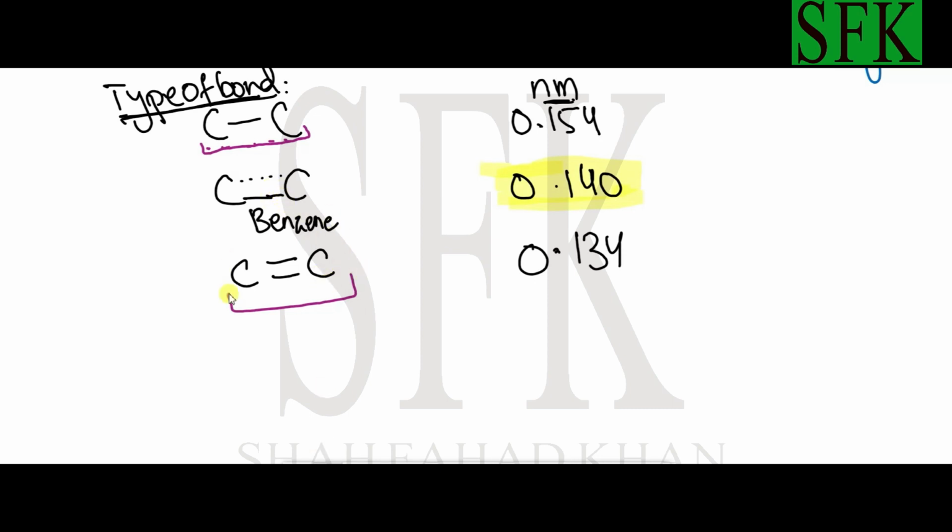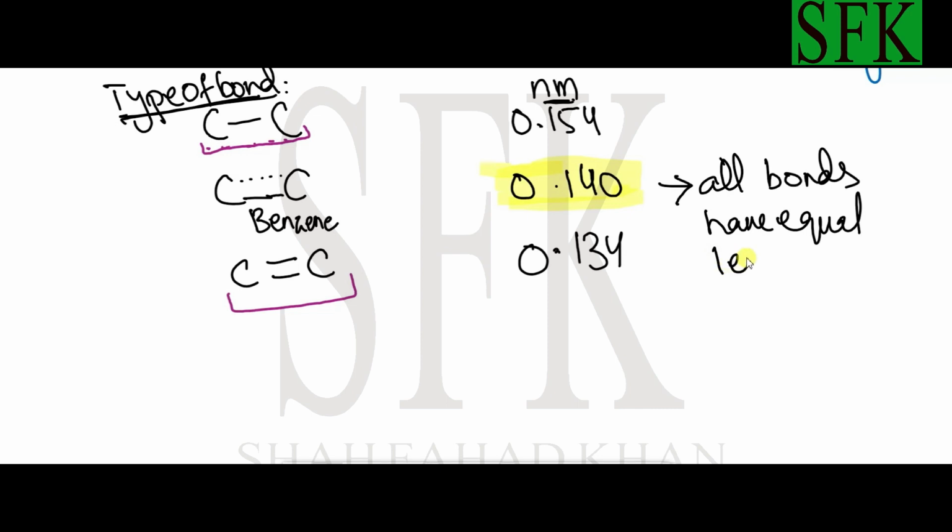It does not have double bonds, it does not have only single bonds. And one more interesting fact about benzene is that all the carbon-carbon bonds in the benzene ring have equal lengths, equal to 0.14 nanometer.